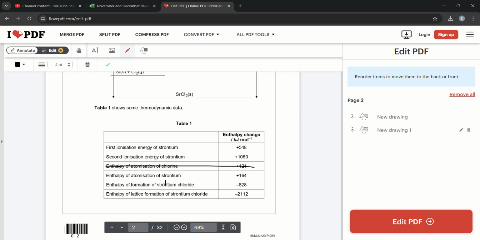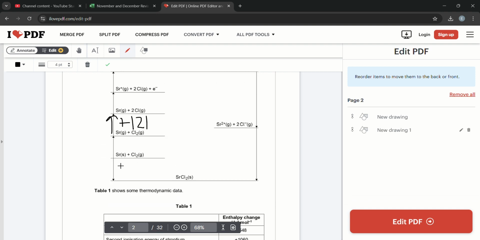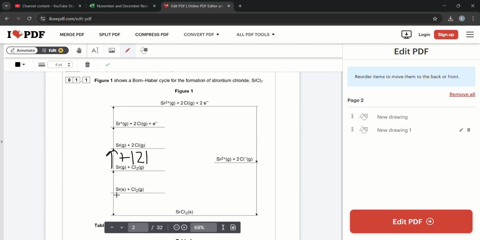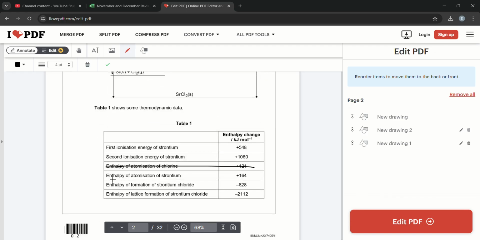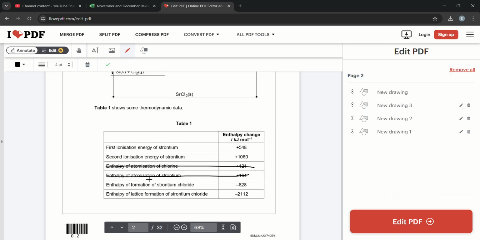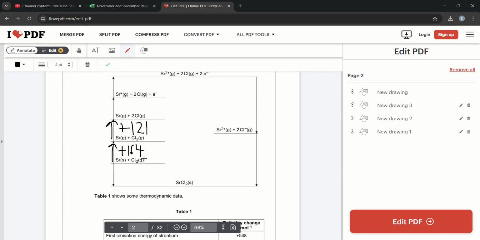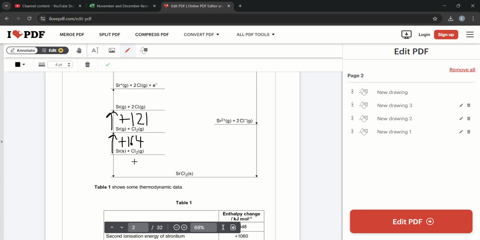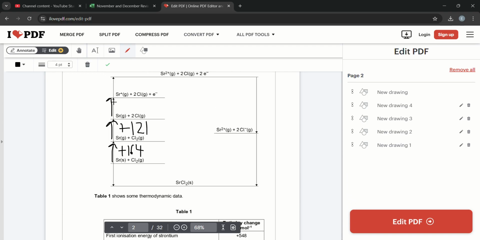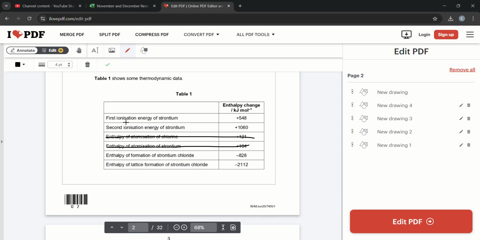Enthalpy of atomisation of strontium, plus 164. First ionisation energy of strontium, plus 548.